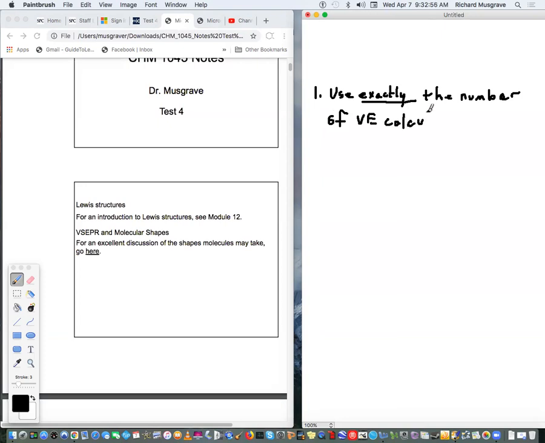And if you remember, we calculate valence electrons by using the groups on the periodic table. That's the first rule.